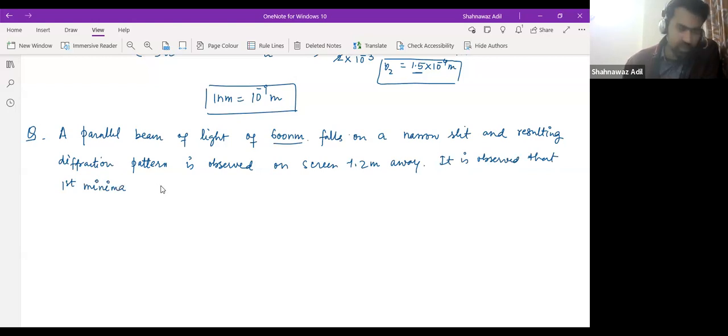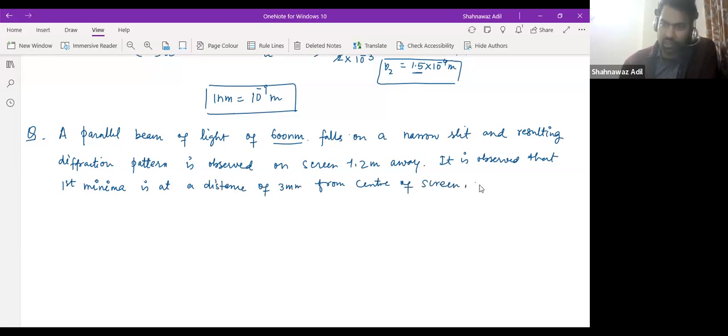So first minimum is at a distance of 3 millimeter from center of the pattern. So calculate the slit width.